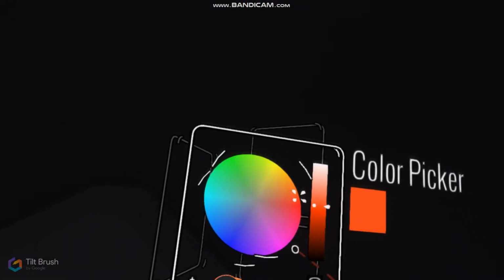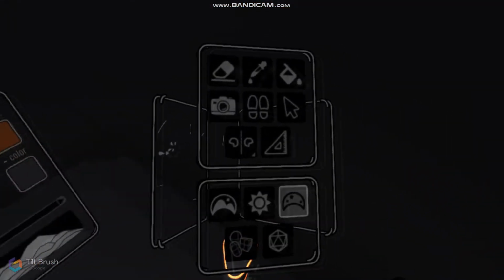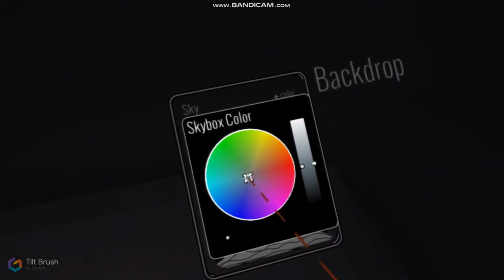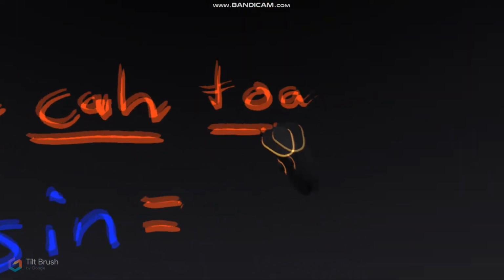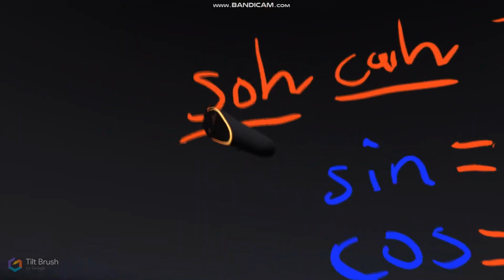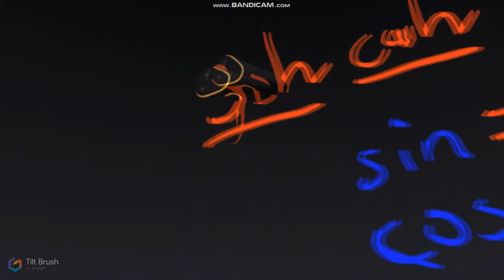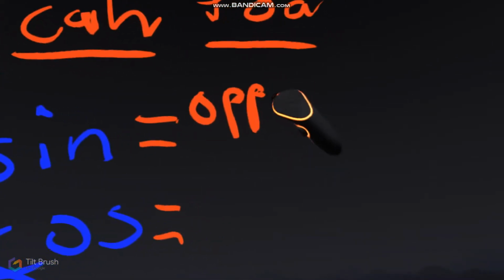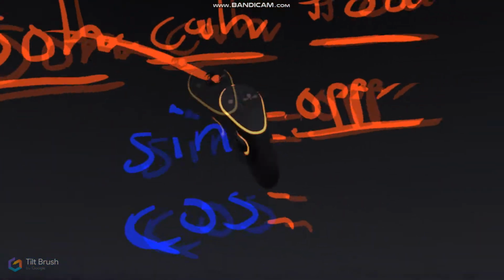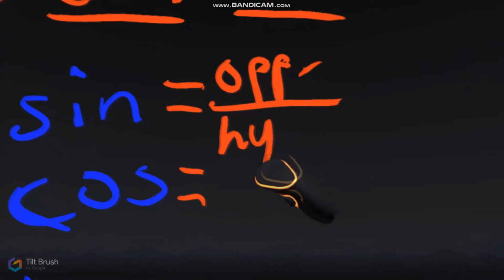To make it more visible, I'm going to change this to black. Better. SOH-CAH-TOA. The S stands for sine, opposite for the O, over the hypotenuse.